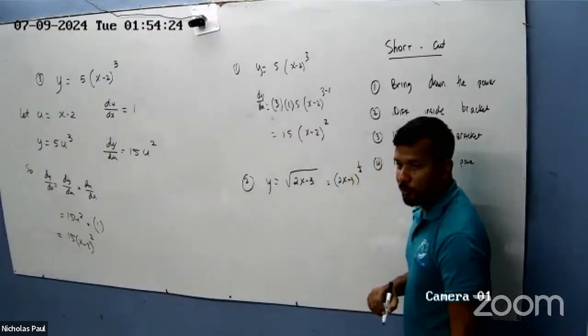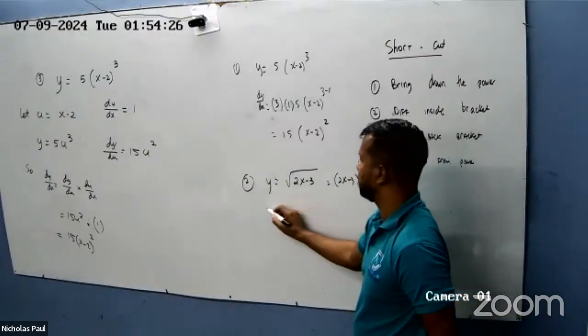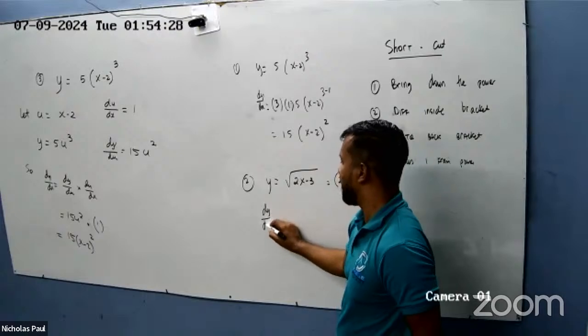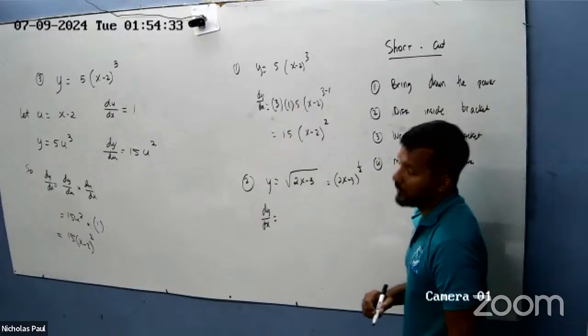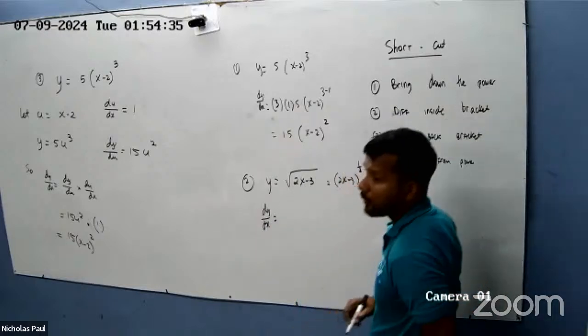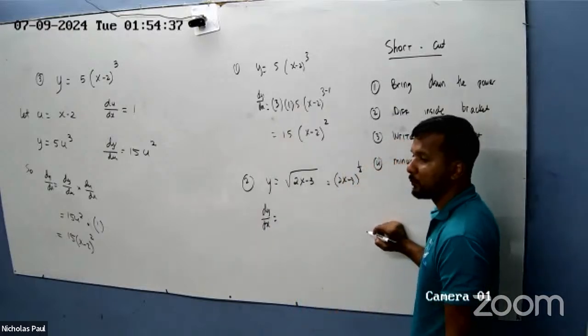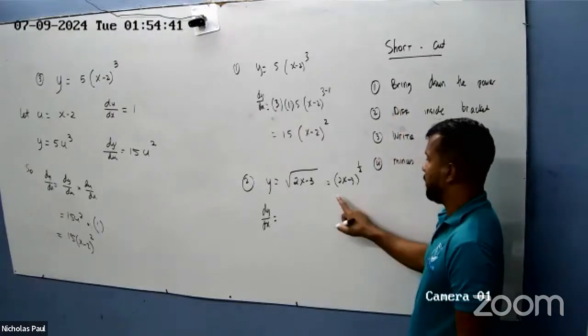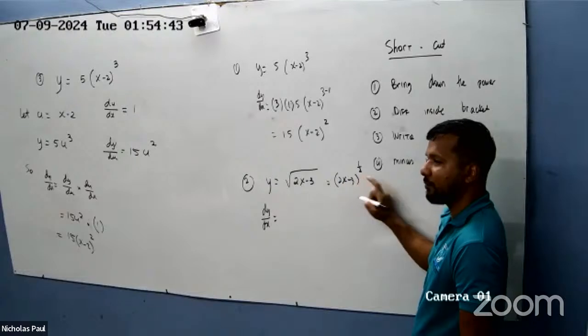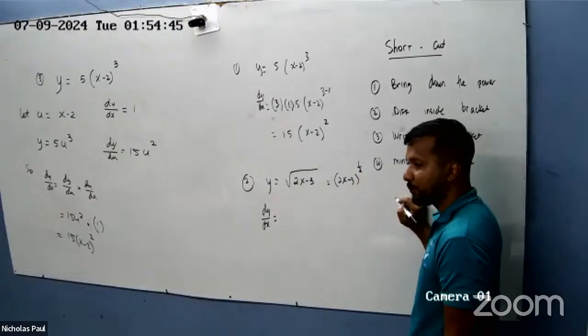So help me to do this one, Rima. What's the first step? Use shortcut. What's the first step? We're using (2x minus 3) to the half. What's the first step?